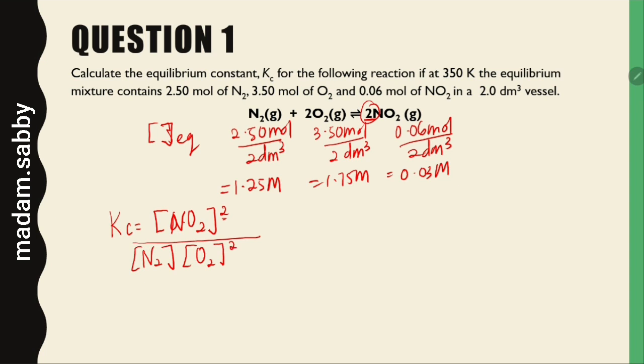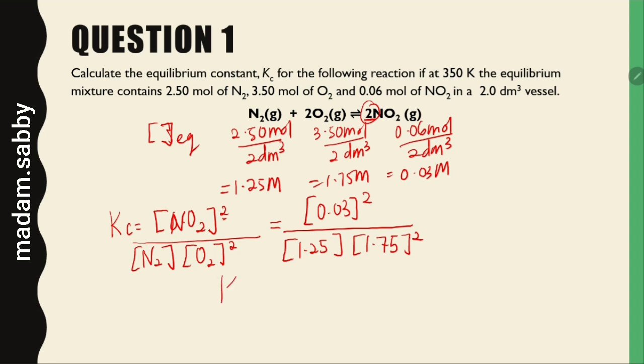After writing down the Kc expression, you can substitute the values: 0.03 to the power of 2 over 1.25 times 1.75 to the power of 2. If you press your calculator, you will get your Kc to be 2.351 times 10 to the minus 4.